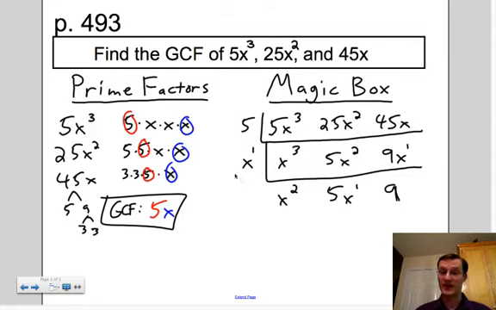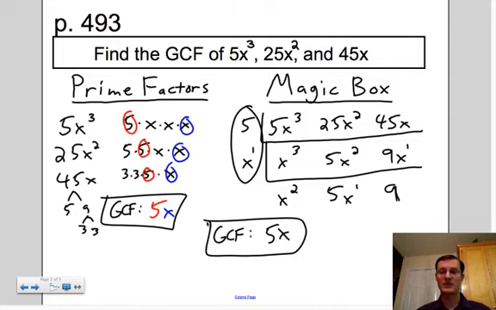So we go through, we divide through. Is there anything that x squared, 5x, and 9 have in common? Well, no, there's not. So we're going to multiply these two together. 5 times x is 5x. So that's your GCF. What's nice about the magic box method is that once we have the 5x, all of these multiply together to give you this.